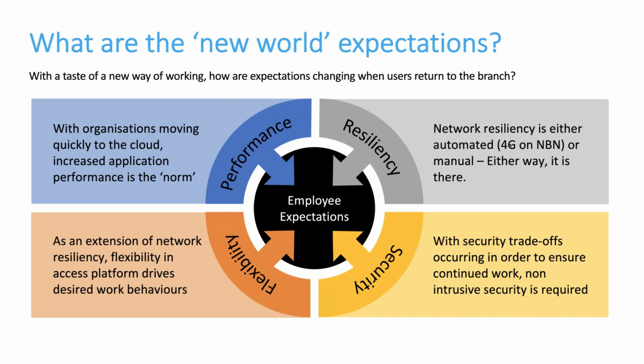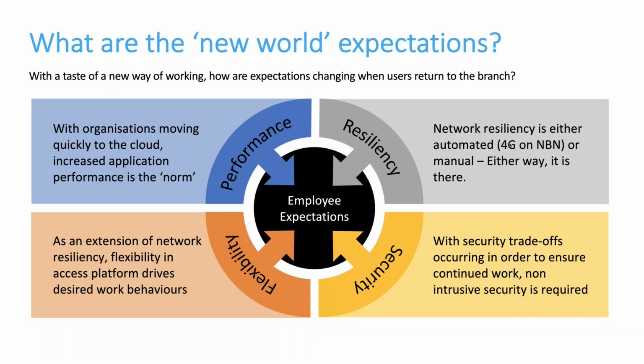So if the remote workers' kids are consuming mass amounts of YouTube and other video content, they can get a 4G dongle, tether themselves to their iPhone or other mobile device, or have some sort of wireless gateway. They've got network resiliency effectively by default.